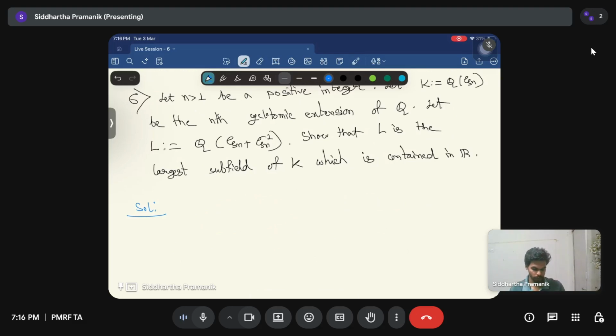So how to do this? To do this, we need some steps. So let's do that in that way. First, let's observe a couple of facts.